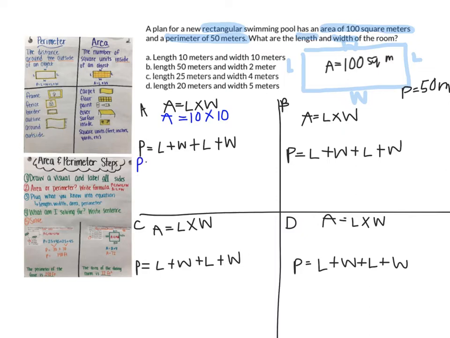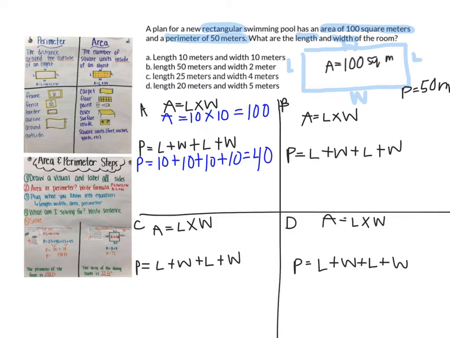Perimeter equals 10 plus 10 plus 10 plus 10. All right, let's solve these. Starting with area, 10 times 10 is 100 square meters. And moving on to perimeter, 10 plus 10 plus 10 plus 10 equals 40 meters.